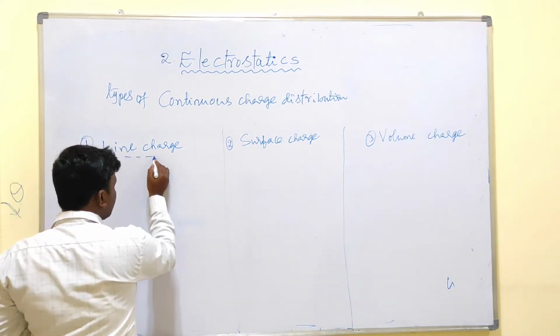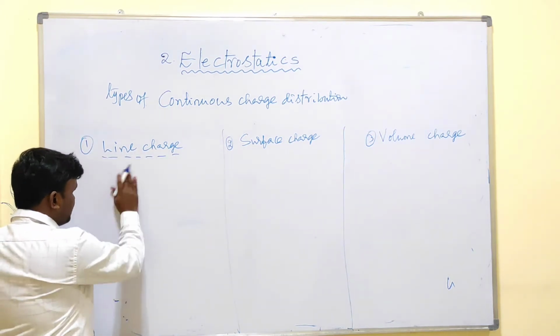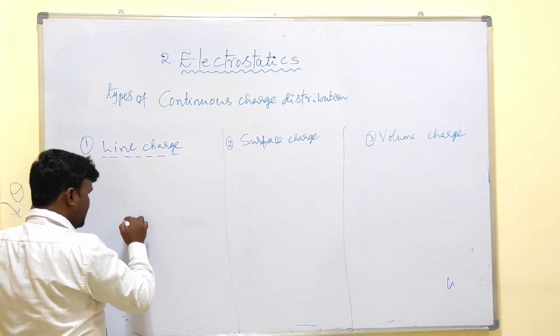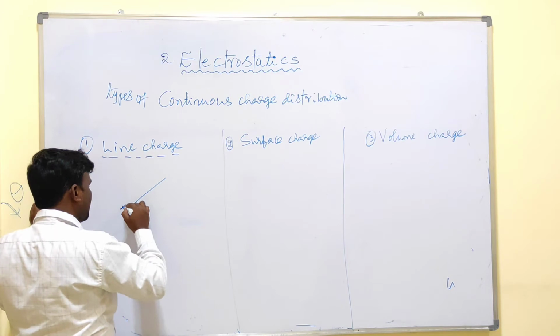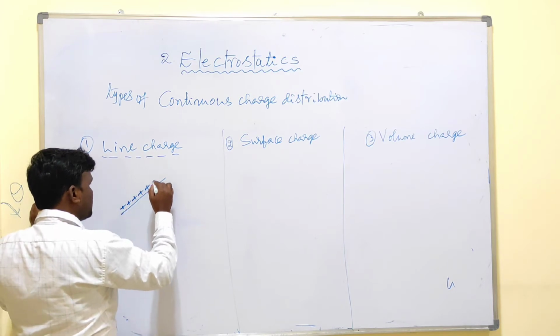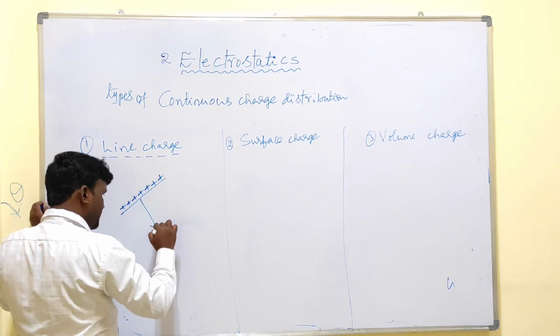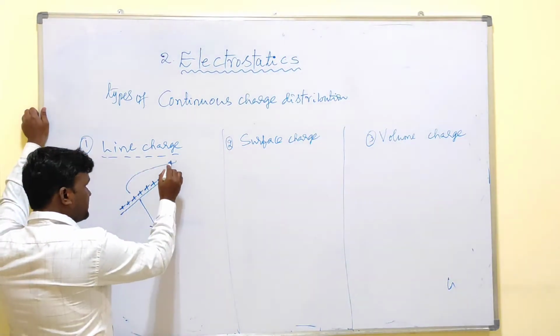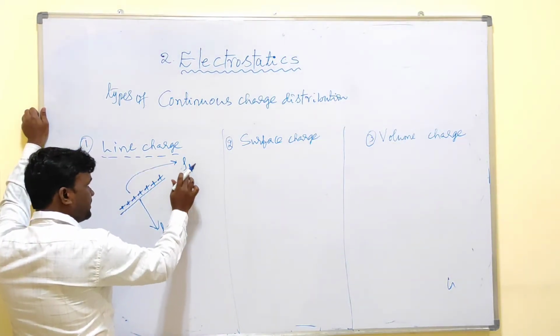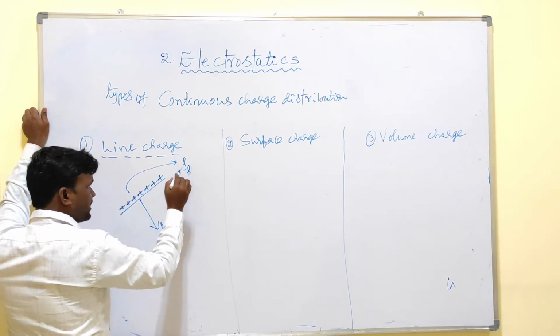In this case, we have continuous charge distributed uniformly throughout the length of the line. Let the length of the line be L, and here we have the charge density, rho suffix L. This charge density is called line charge density.